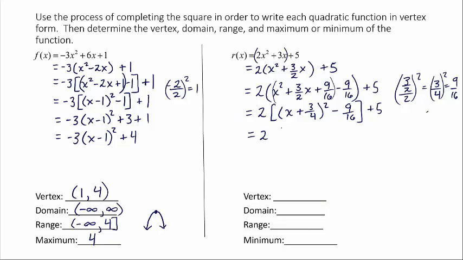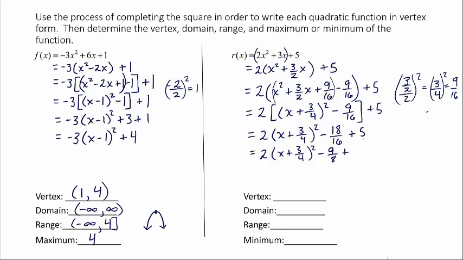Here we go. I have to distribute the 2 through, so I'm going to multiply it times my binomial squared. Don't distribute through there, just multiply it outside there. We're going for the vertex form here. And then 2 times 9/16, that'll give us minus 18/16, plus 5. So 2 times x plus 3/4 squared. 18/16 is 9/8.